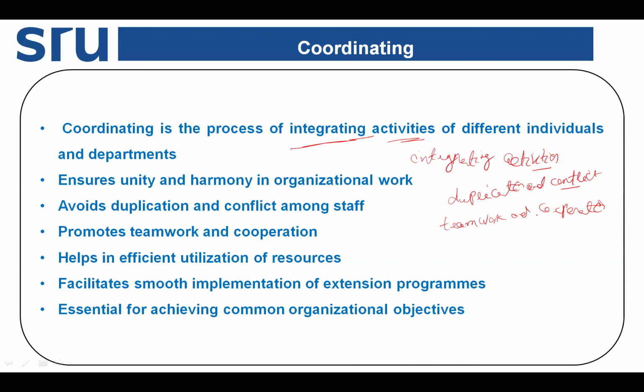So coordinating helps in efficient utilization of all the resources: human resources, technical resources, and other resources. How can these be utilized? That can be possible due to better coordination only. Coordination helps to facilitate smooth implementation of extension programs.